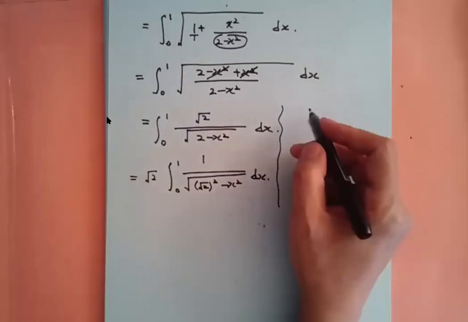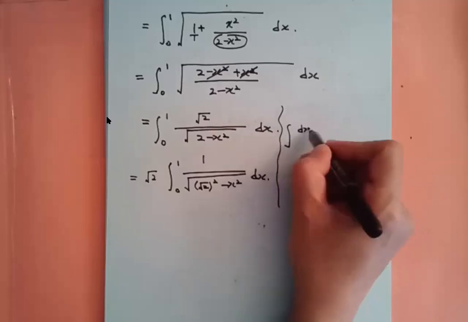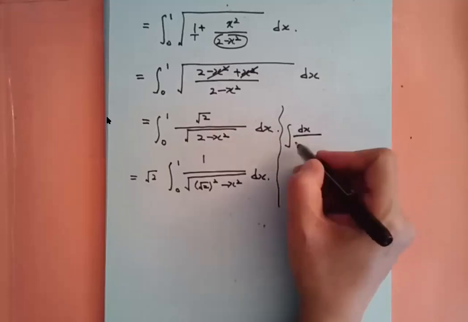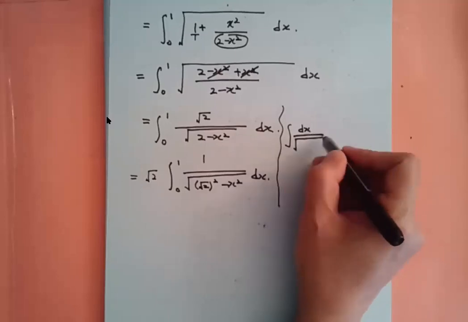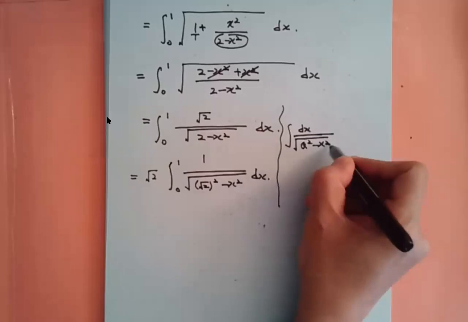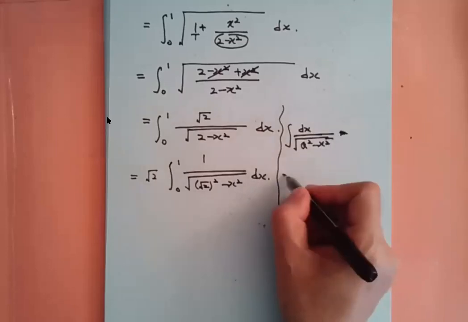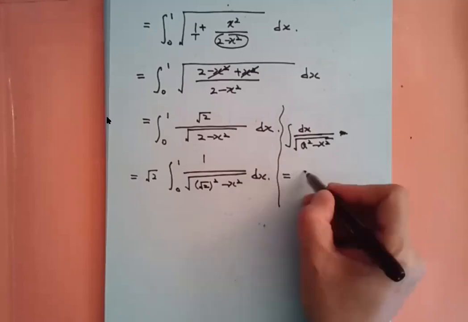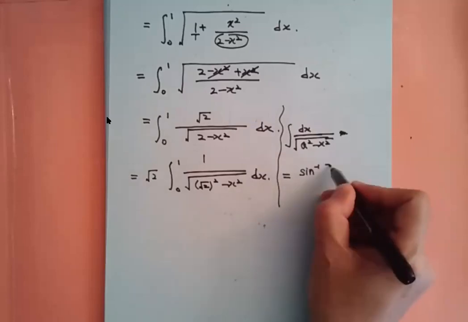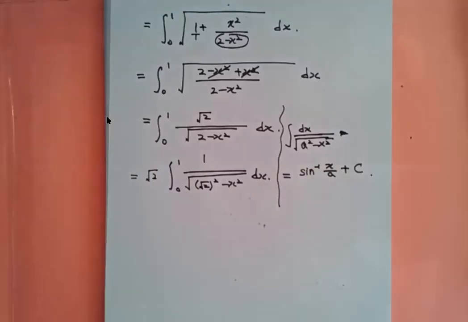So in the trigonometric substitution, what we learned was the integral of dx over square root of a squared minus x squared equals sine inverse of x over a plus c. So that is the formula we want to use.